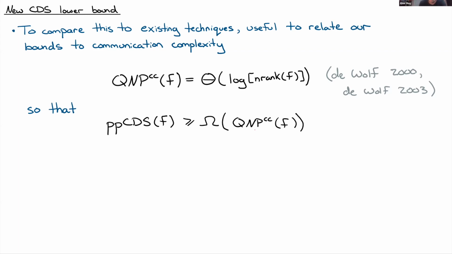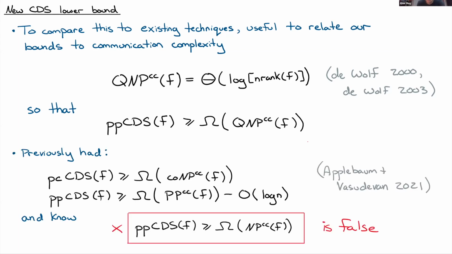QNPCC. So to compare that to what's known, there are some lower bounds already from communication complexity on CDS and different variants of CDS. The ones that I'm mentioning were proved by Applebaum and Vasudevan in 2021. They showed, for instance, that for perfectly correct CDS, the randomness as well as communication cost are lower bounded by co-NPCC complexity.